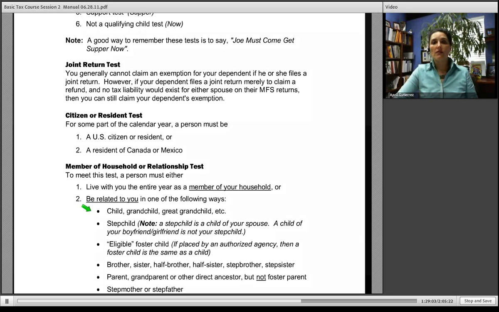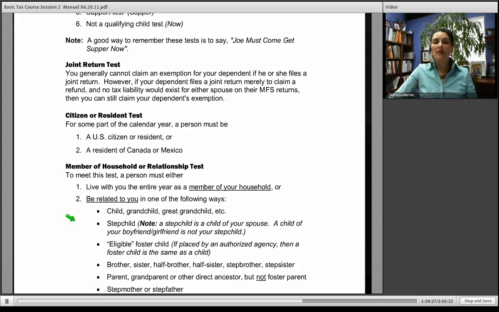And why the child's name is different than yours? And the answer could come back, well, we've never been married. So you may live together as husband and wife, but if you never actually married, then you're not the stepparent of your boyfriend or girlfriend's child. And so you would not be considered to have a person who is your qualifying relative for those purposes.